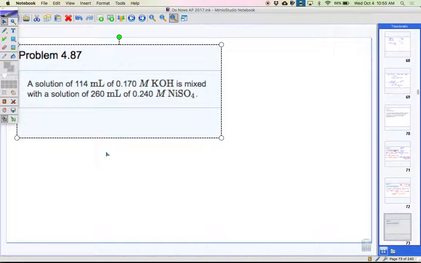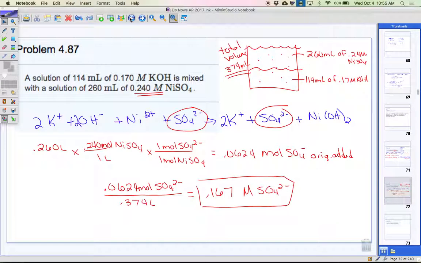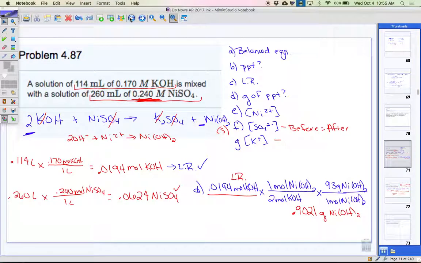What is the answer? Right there, 0.0194 moles of KOH. Is that what you wanted to use, that number?